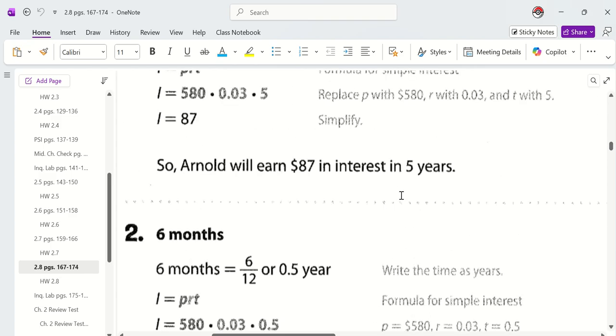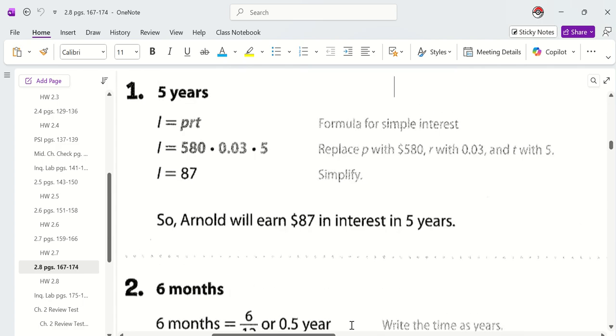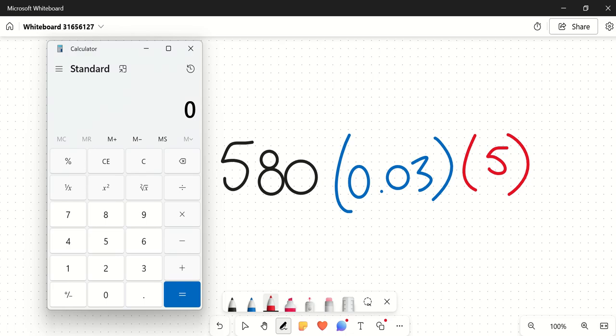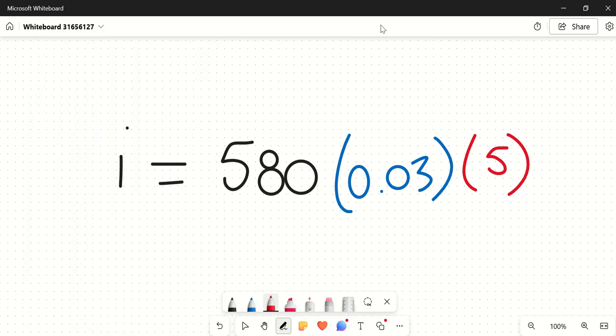So now same principal, same rate, but 6 months instead. Actually, this isn't where the fractions are going to help. I'm going to use a different method after this, or a different example. So remember, interest pays out every what, ladies and gentlemen?